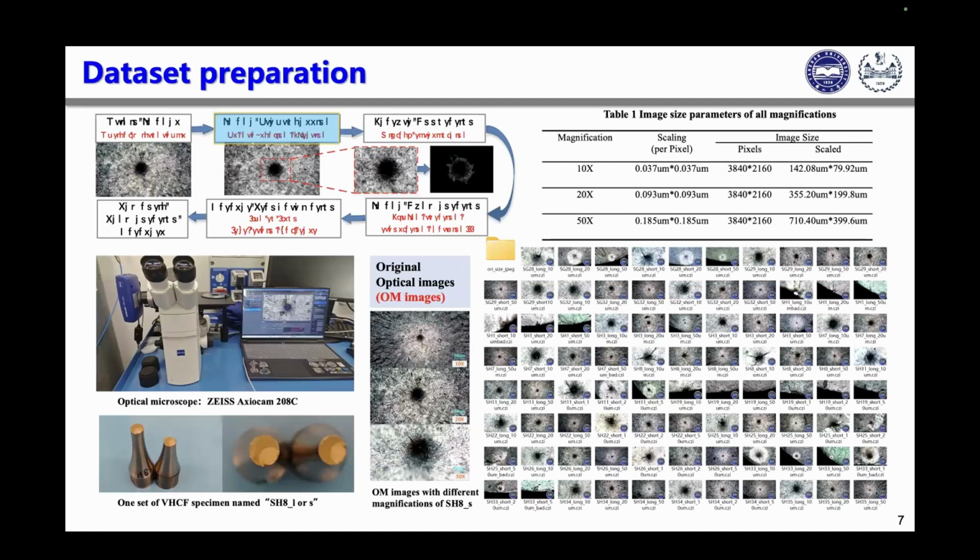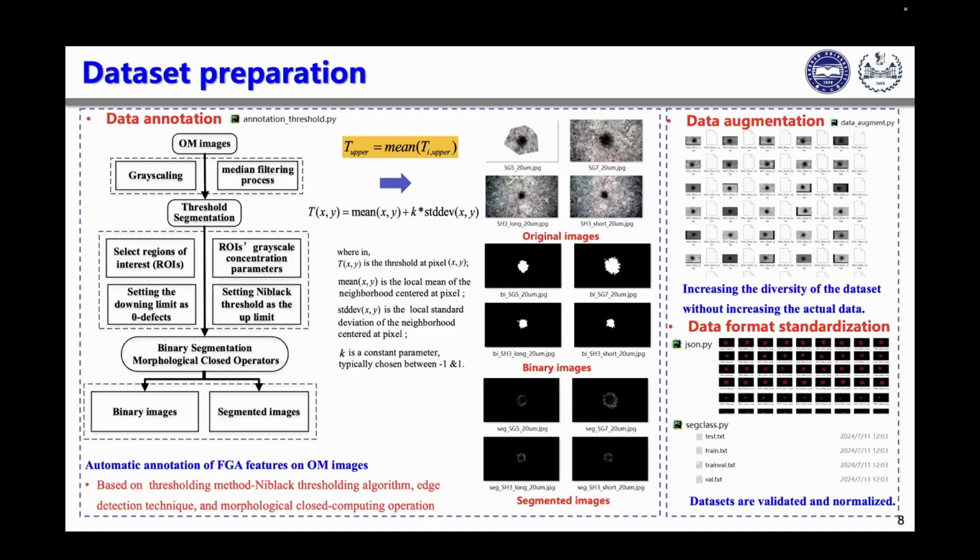When it comes to deep learning methods, datasets are the basis of the analysis. This flowchart contains all the dataset preparation steps. It's necessary to create a set of labels to indicate what kind of element is the FGA on the fracture surface.